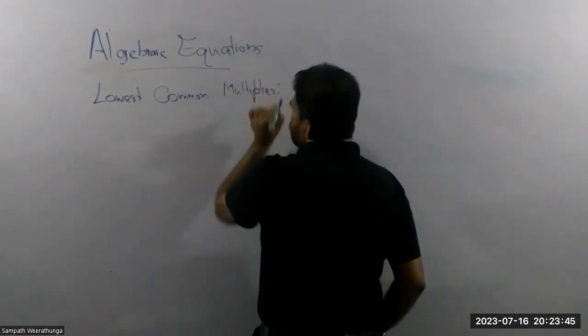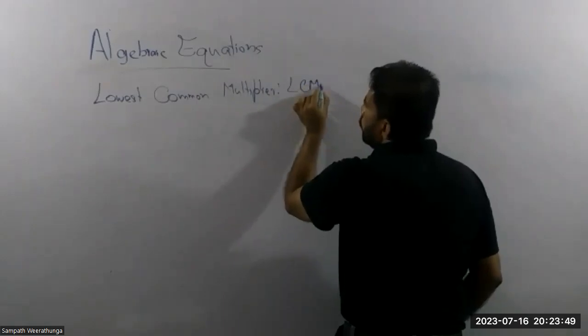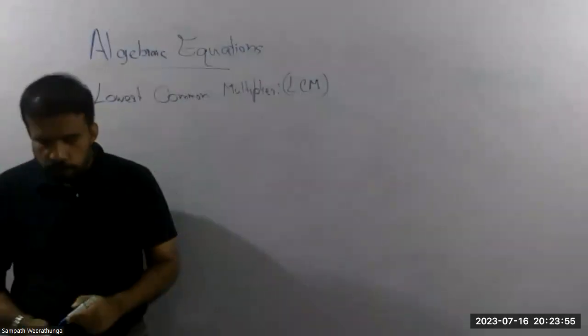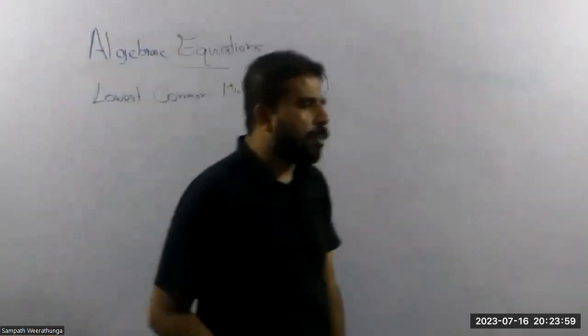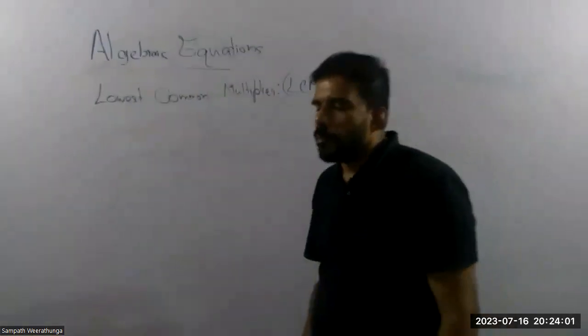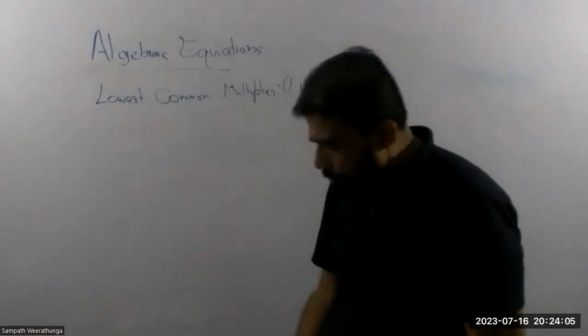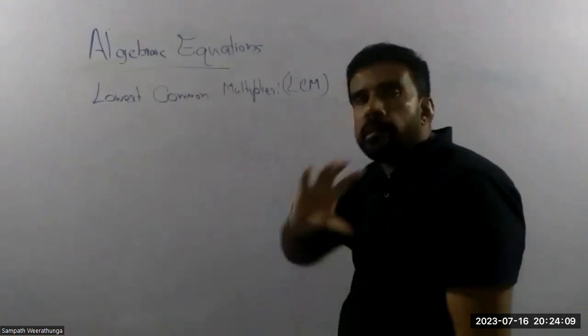If we abbreviate it, most of the time we use the abbreviation LCM. We know that with integers, with numbers, we find the lowest common multiplier by factorizing the numbers.